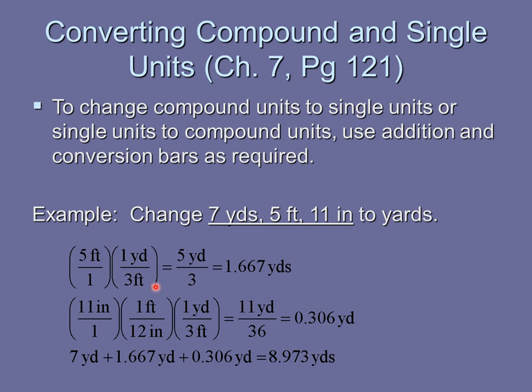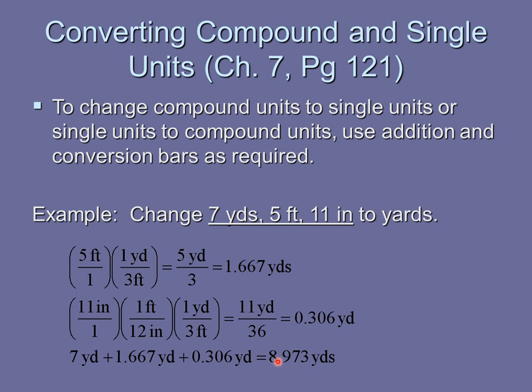And we just get rid of feet. We did the math and we got 1.667 yards. And in case of inch, we first converted the inch to feet and then feet to yard. And we wrote the conversion factor such that everything gets cancelled except the yard. At the end, this is the yard you are left with. So this is 1 yard, this is another yard, and it's the original yard. You add all the yards at the end, you get the final yard.